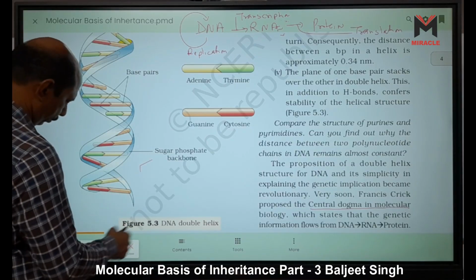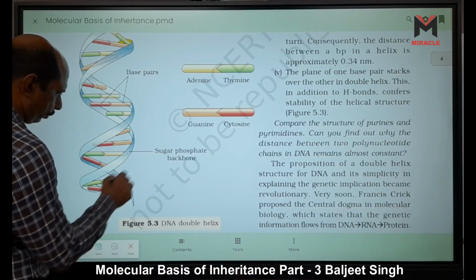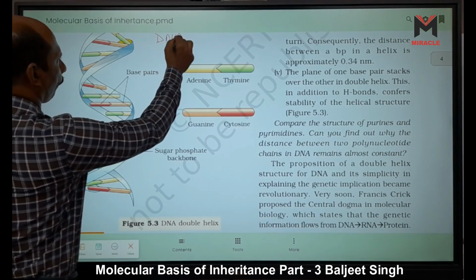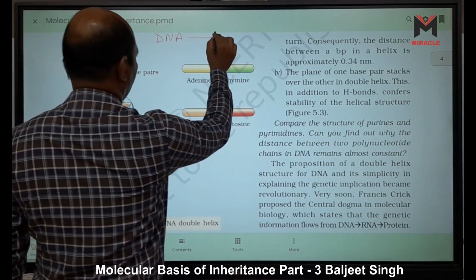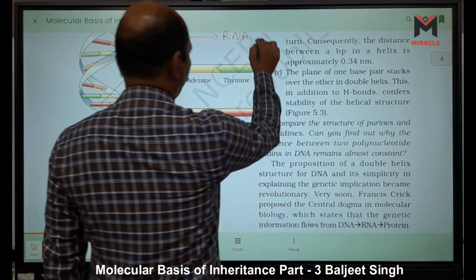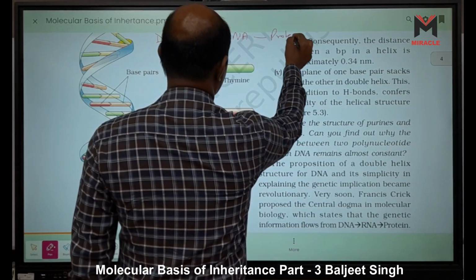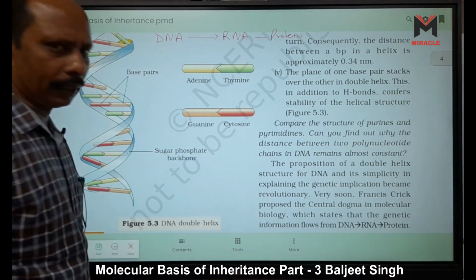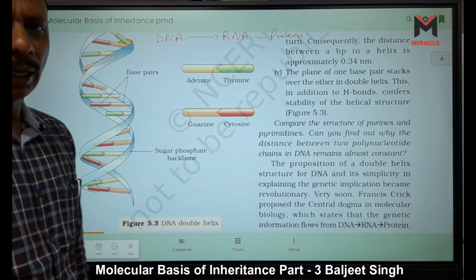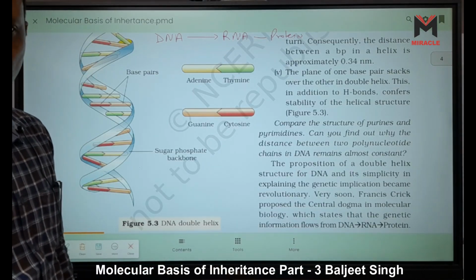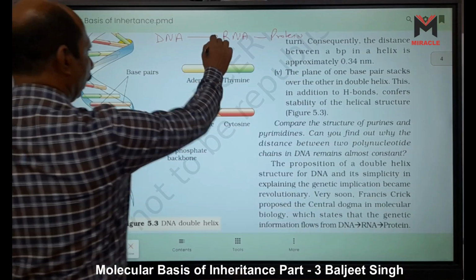DNA forms RNA, already we know, and RNA forms protein. This is the central dogma, right? But sometimes, if it is an RNA virus, as for example our HIV, or this time coronavirus, right? RNA, because the virus is RNA.